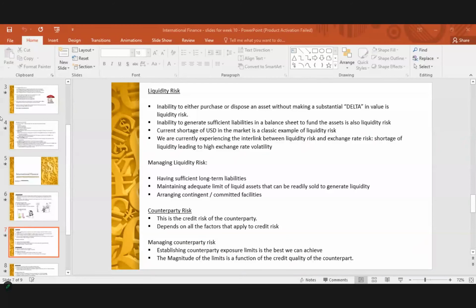So I have sold $1 million at 325 rupees, right?